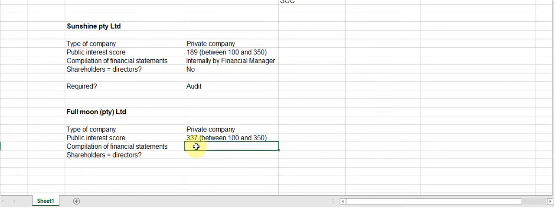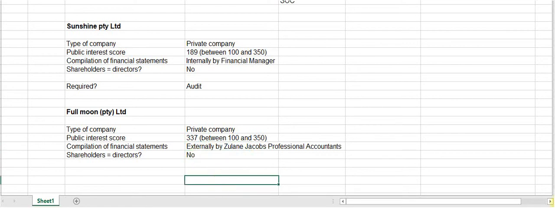Then who will compile the statements? Here they say it is done externally by a firm called Zulani Jacobs, professional accountants. Then the shareholders, are they also directors?